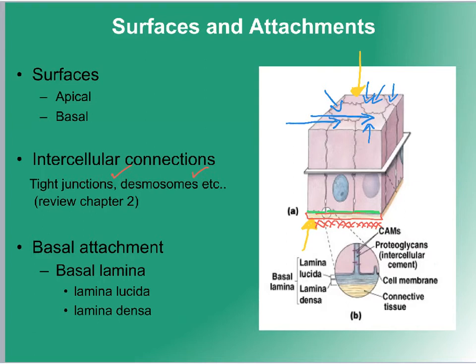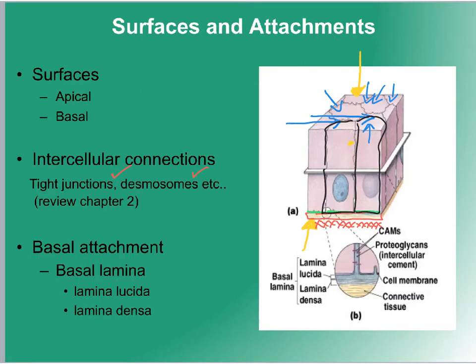I'll use black, and I'll just outline one cell for you. This is just one cell. And then you can see immediately adjacent to it is another cell. So the cells can't just sit right next to one another and hope that they stay adhered to one another. There are proteins that are going to anchor these cells to one another.